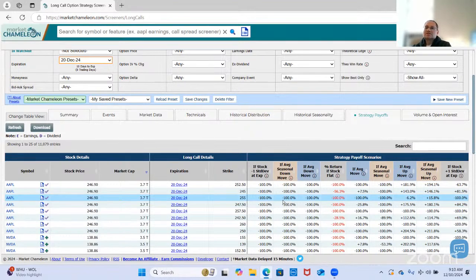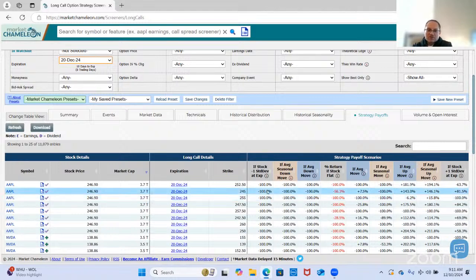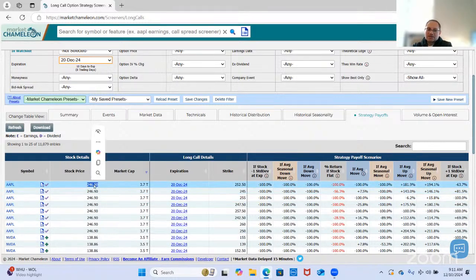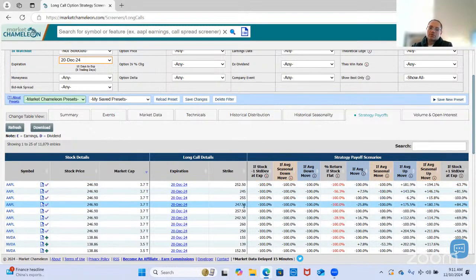We're down 1 standard deviation, based on historical volatility. Well, there you lose 100% of the amount you had at risk, in this case $1.09, because the option will be out of the money. If the stock goes down 1 standard deviation from 246.90, obviously the 252.5 strike will be out of the money, so you lost $1.09.